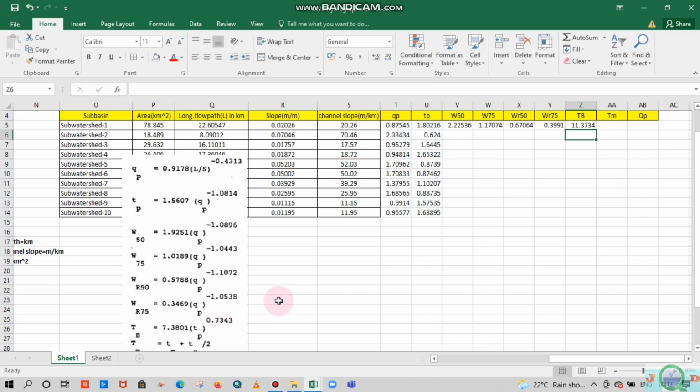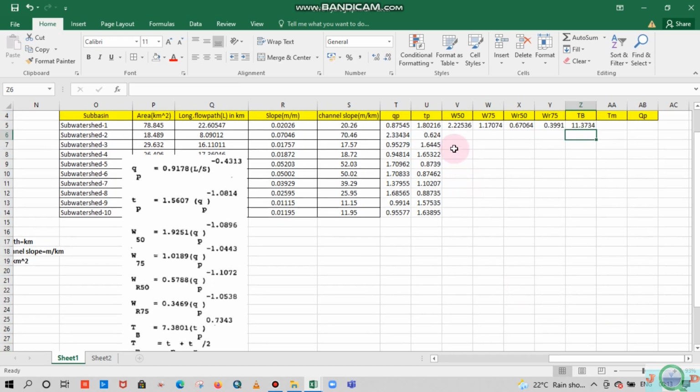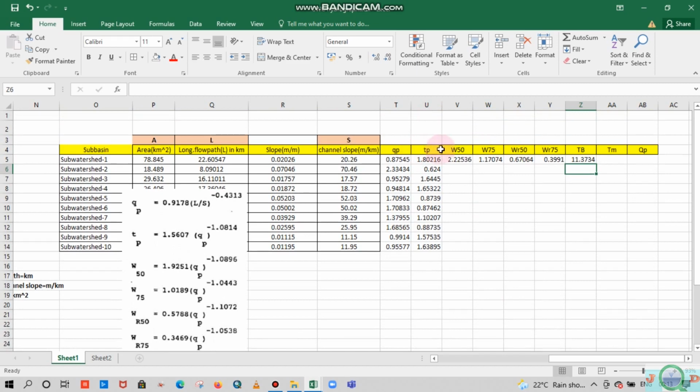Okay, so Tm is the Tp plus Tr by 2. For Tr, I have already mentioned that we will consider a time interval of 1 hour. So Tr is 1. The Tp is in terms of hours. All these ordinates of the time, Tp, W50, W75, WR50, WR75, TB, Tm, are in hours.